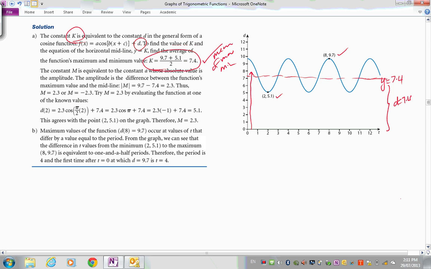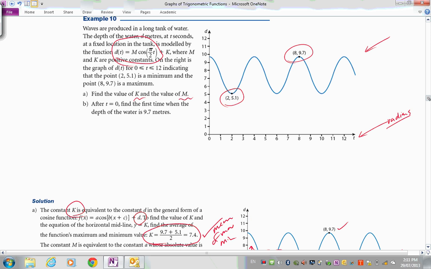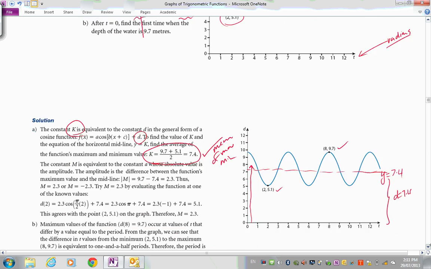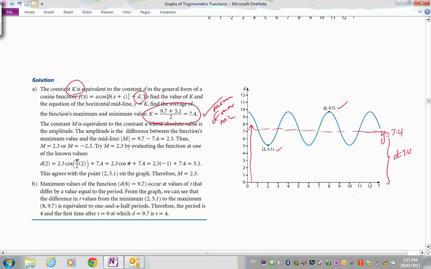Now we want to find in our formula the m value, and just remember, go back up, the m value is this number here, which is what? The amplitude. Okay, so come down and let's have a look at the amplitude. How far above and below the mean position does it go?